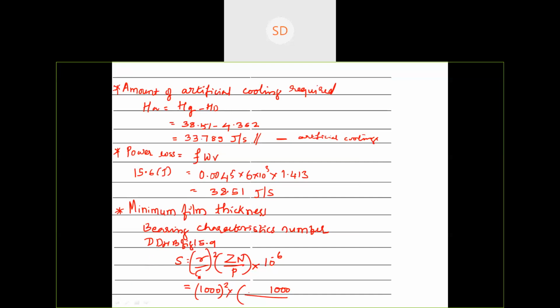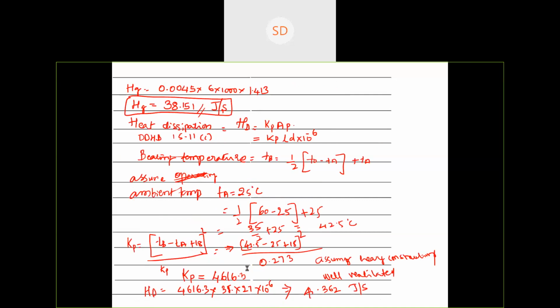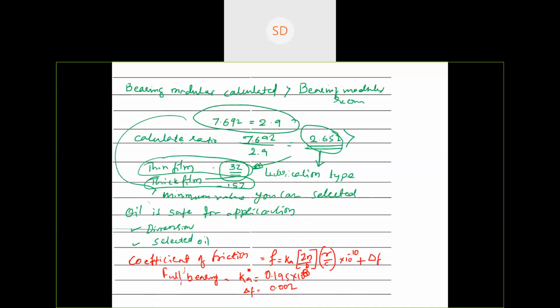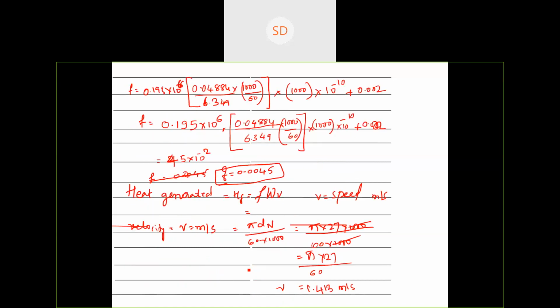So the value of P, I think, is 6.345 megapascal. Now, what is the value of absolute viscosity Z? If you note it on paper, you can just provide the value. Otherwise, it will take a lot of time to go back again and again. It's 0.04884. Okay. Right. Thank you.